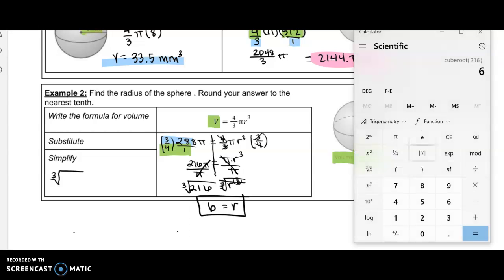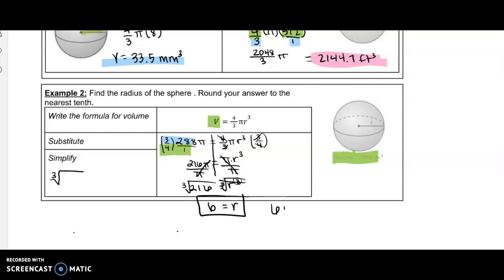So to check that, we could go back and see if 6 times itself 3 times gives us 216. So 6 times 6 times 6, and that does give us 216. So again, to find that on the calculator, you hit 216 second cube root, and it gives us 6. So our answer here is 6 inches.